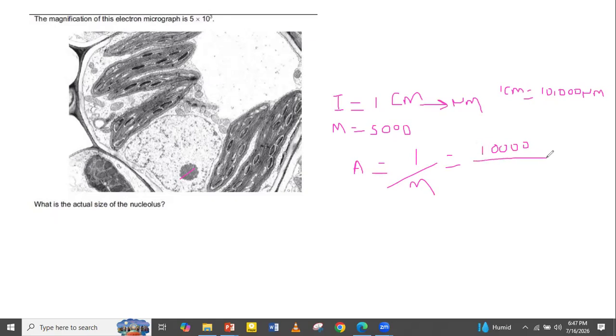Now divide your answer by magnification, which is 5,000. Remember, these units are in micrometers. So that means that my answer is going to be, you do the math, this goes with this. If you do the math, you're going to find that the answer is going to be 2 micrometers. So this is our actual size. That is the actual size of the nucleolus.